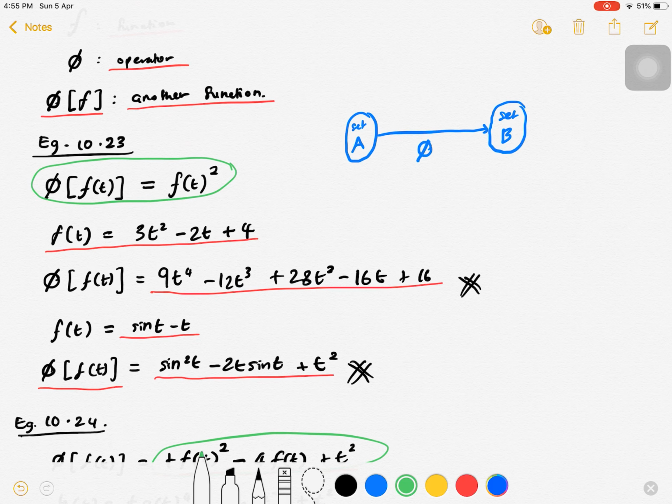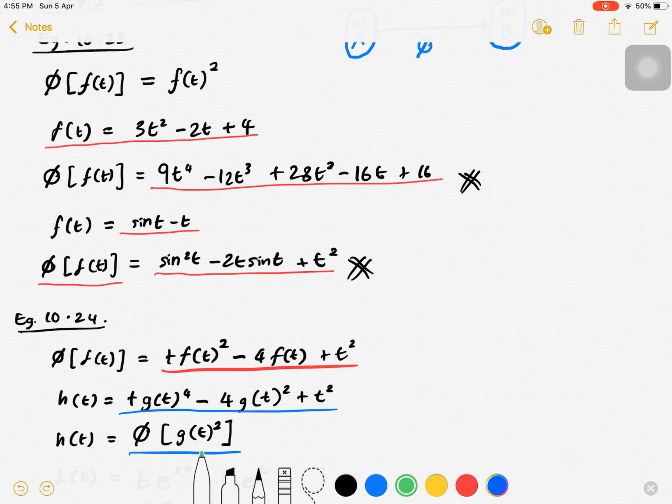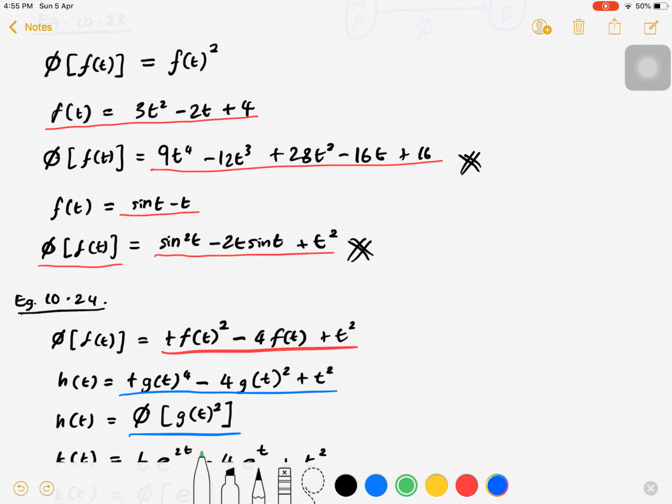There is only one f in this operator, but in this new operator, we have several f's put in the operator. So an operator can be like this. We can put multiple functions in several components of the operator.